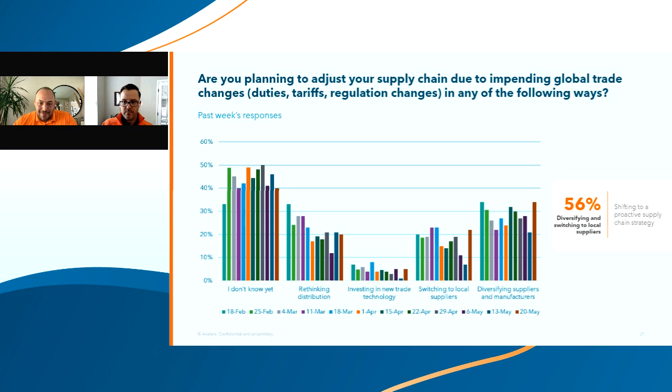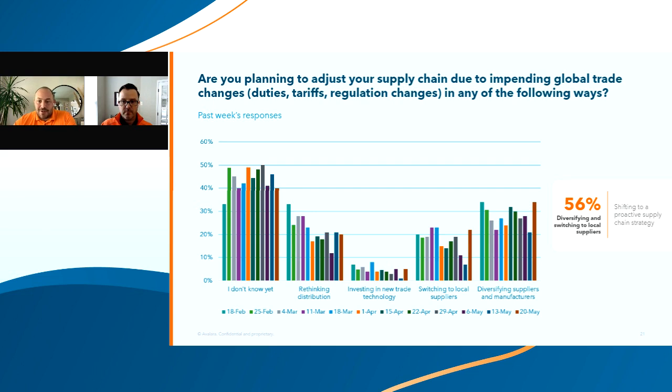The answers over time, it's funny. You would think that "I don't know yet" has gone down, but it just hasn't. And I think that speaks to the amount of change that we see on a week to week or biweekly basis with the administration and the courts and different geopolitical events happening here and abroad.